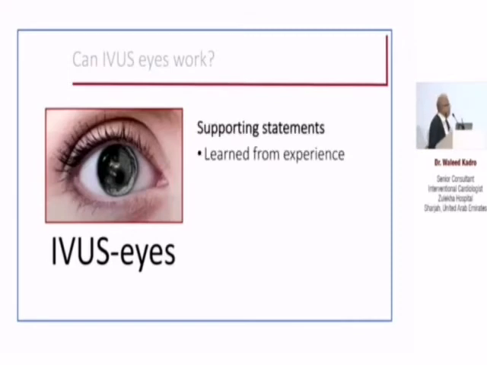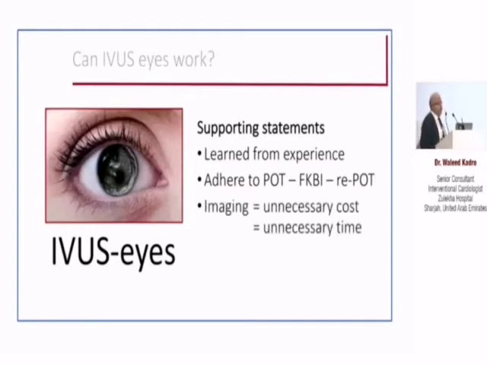What's the supporting statement? Well, I learned from my experience. I always adhere to all the steps. I do POT, I do final kissing, and I do re-POT. And imaging is unnecessary cost and unnecessary time. And on top of that, my left main PCI outcomes are good. So those are the points that the doctor who doesn't use IVUS for left main has.